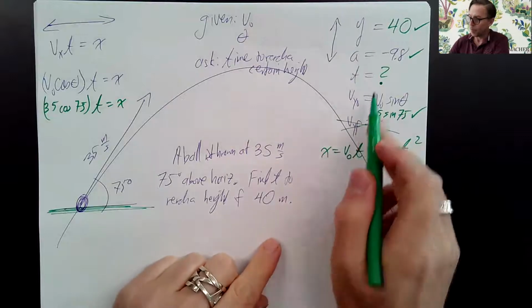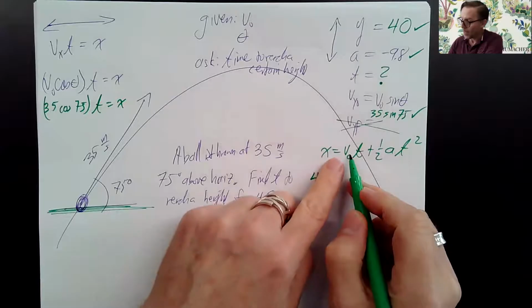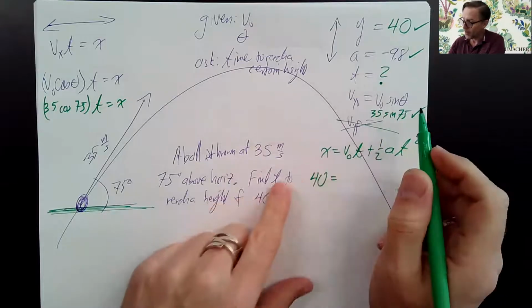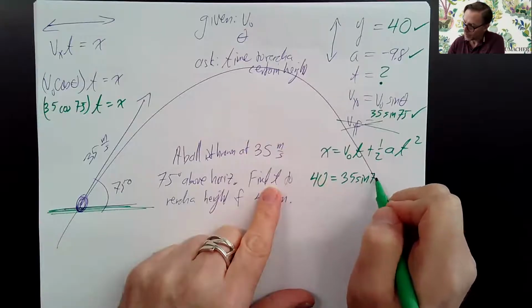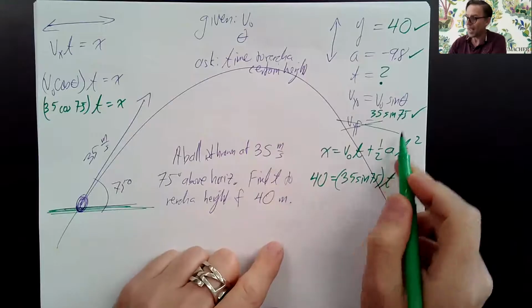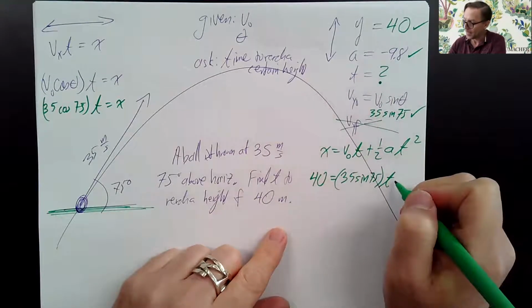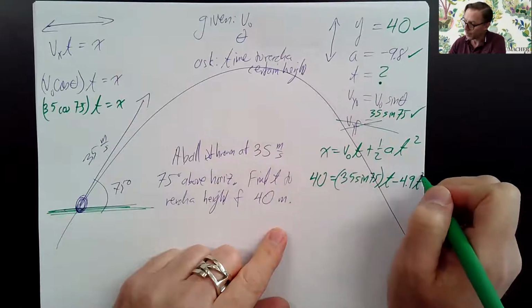So x now becomes y, 40 equals Vy initial, 35 sine 75 times t, plus 1/2 a. Half of negative 9.8 is minus 4.9 t squared.